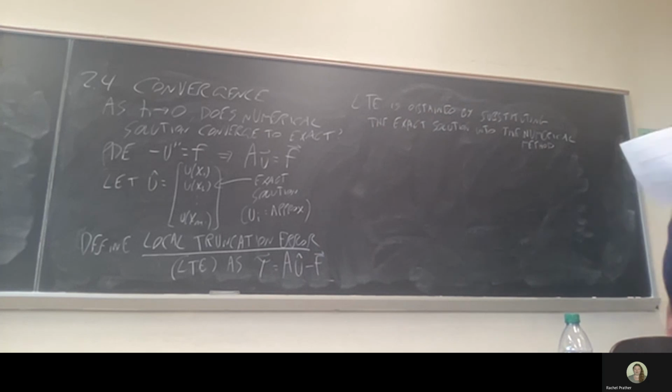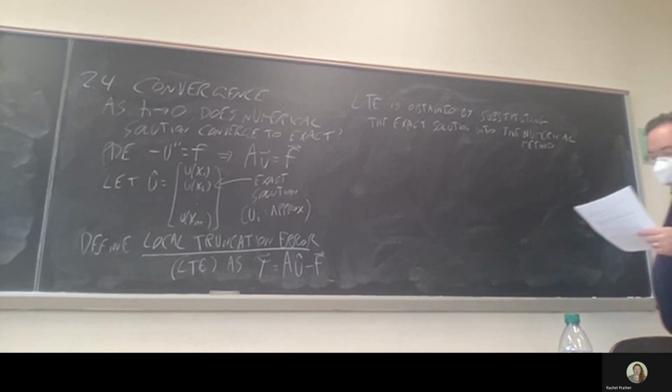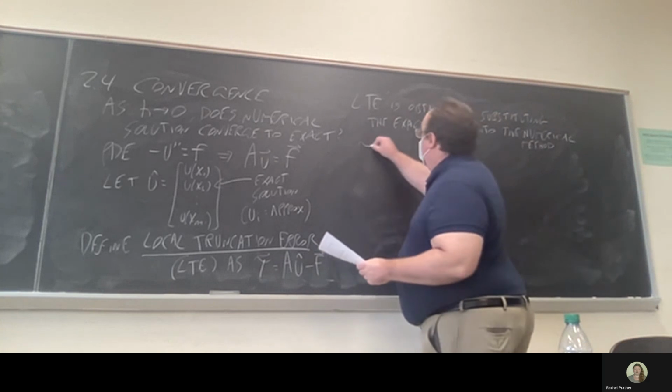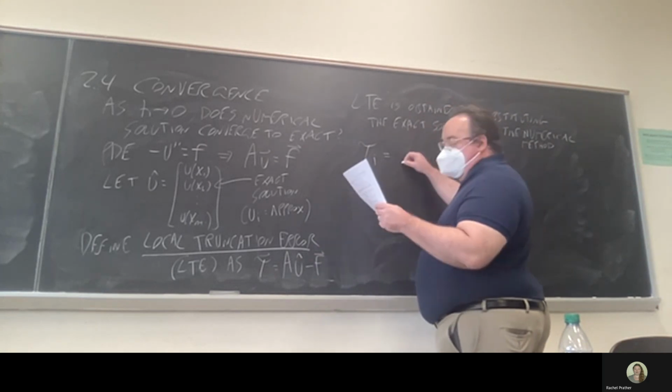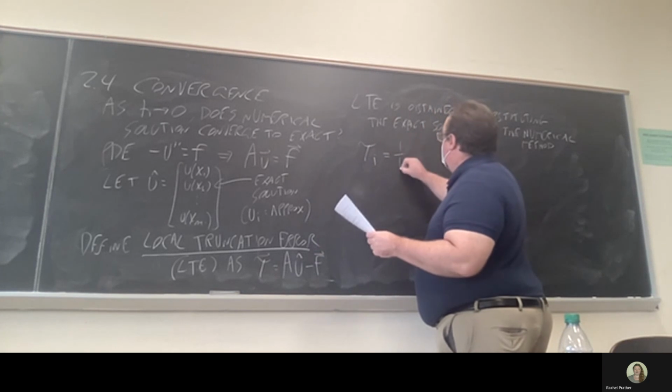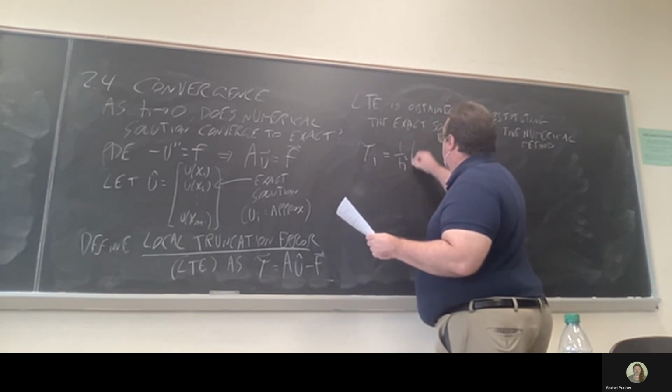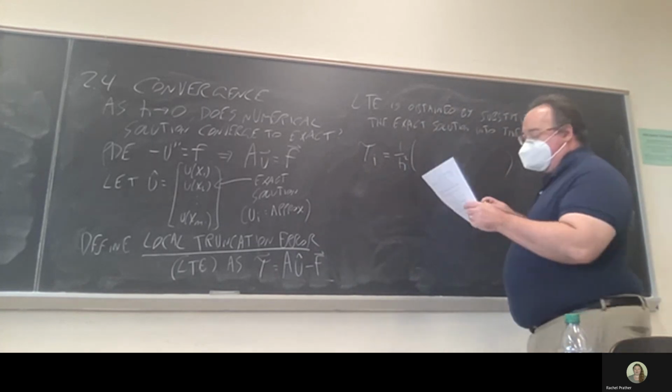Now, for this particular problem, we get a handle on what the local truncation error looks like. Each element of tau comes from the center difference approximation.